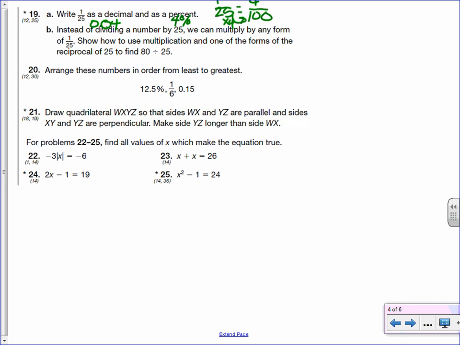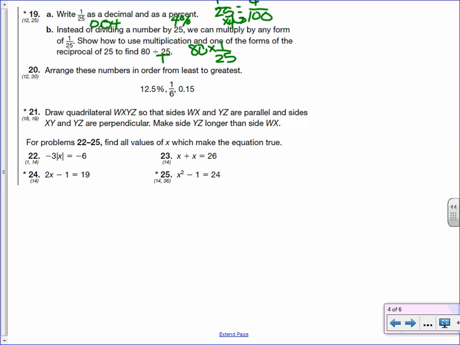So we have 80 divided by 25, which means, oops, I wrote that wrong. 80 times 1/25, because this would be divided by 25 over 1. You multiply by the reciprocal, it flips it over.